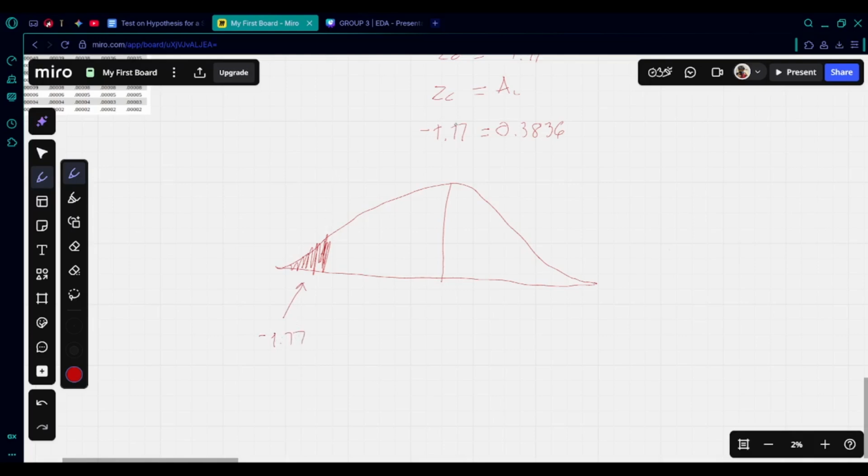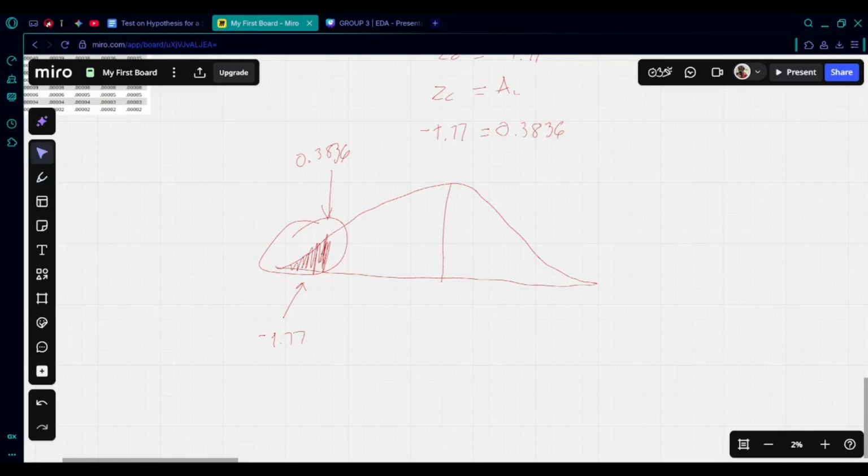While ago we computed the critical value, which is 0.3836. Now, since we only care about this shaded region, we only need this one to get the P value. Since when we are getting the P value, we only get the sum of the shaded region.